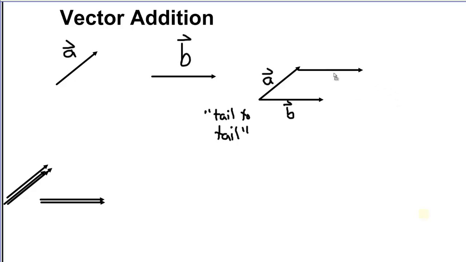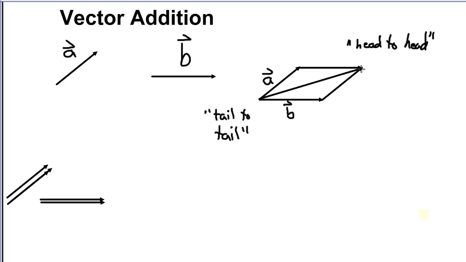So I'm going to take another copy of vector B and put it on the head of vector A, like so. And then you take another copy of vector A and put it on the head of vector B. So here I've got head to tail, and it finishes off in a head-to-head manner. And as you can see, I've created a parallelogram. The answer, A plus B, is that diagonal right there.